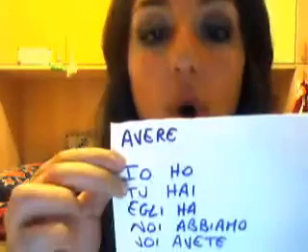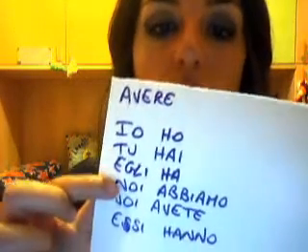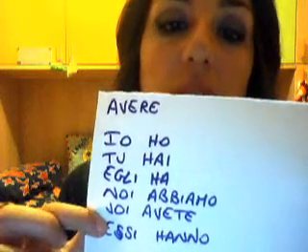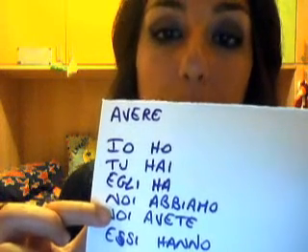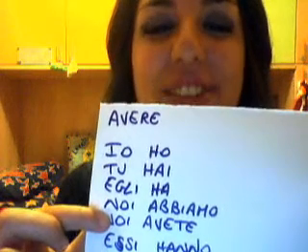It's really important to memorize where there is and where there isn't the H, because it's a really big mistake to put the H where there isn't one and to forget it where it is needed. So, io ho, tu hai, egli ha, noi abbiamo, voi avete, essi hanno. So the first and the second plural person don't have it, the others do.